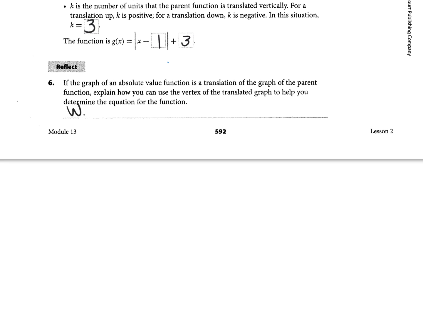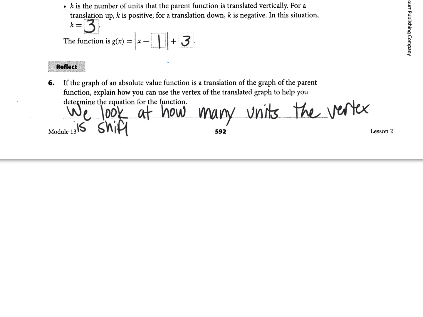We look at how many units the vertex is shifted horizontally for the h value, and how much that vertex is shifted vertically to find the k value.